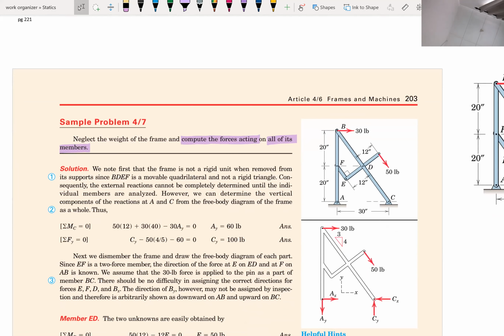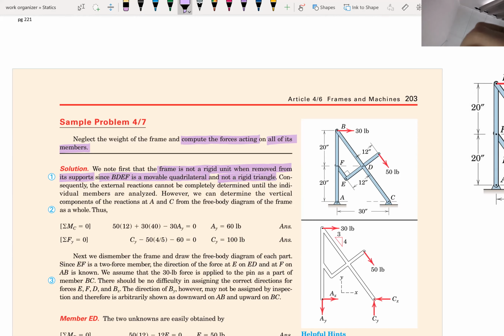First we have to notice whether it is stable or not, whether it is rigid or not. In this case, the frame is not a rigid unit when removed from its support. Let's say we remove this one, it is not rigid. Why? Since BDF is a movable quadrilateral, not a rigid triangle.